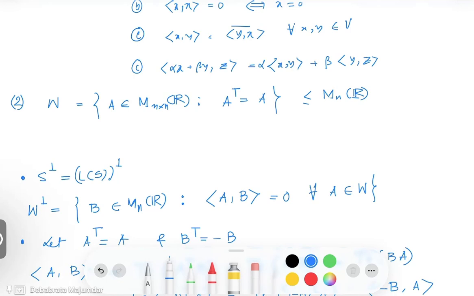Let me write here V. Okay. So V is equal to the set of A belonging to Mn over R, such that A transpose is equal to minus A.